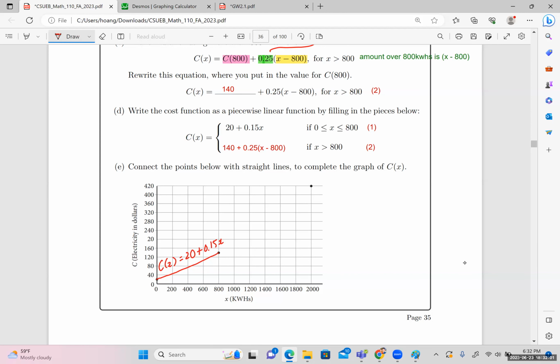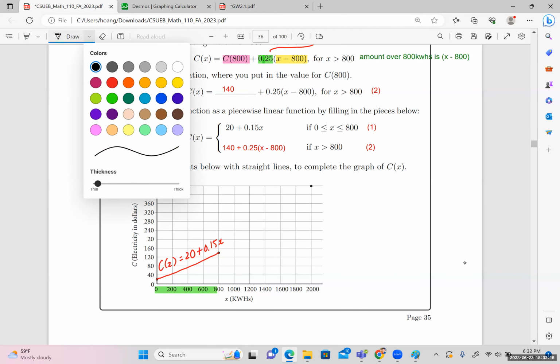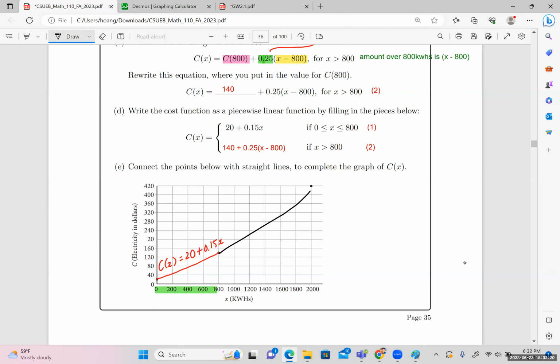And then you see that it's using the values from 0 to 800 only. And after that, it becomes a new line. Come on, let me use the tool here.